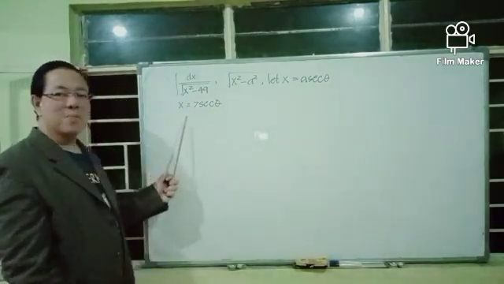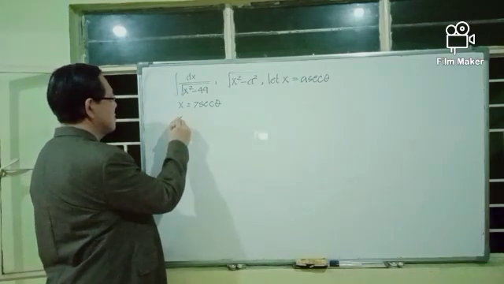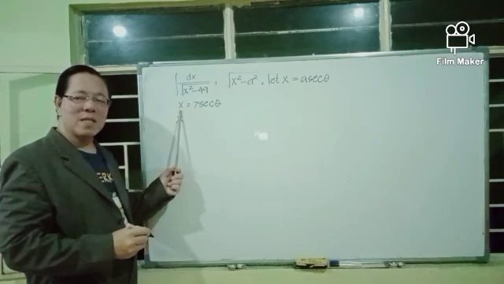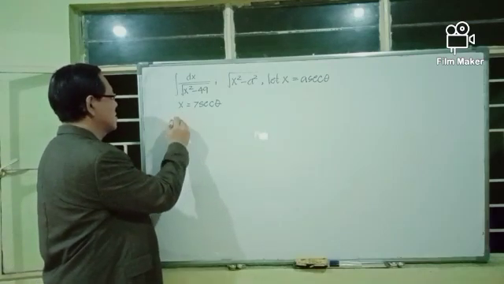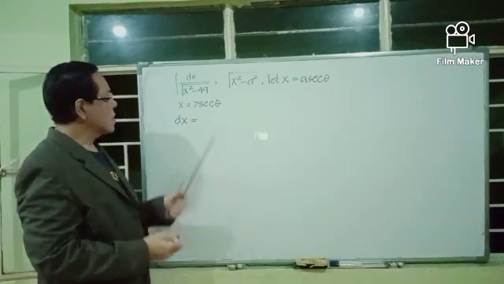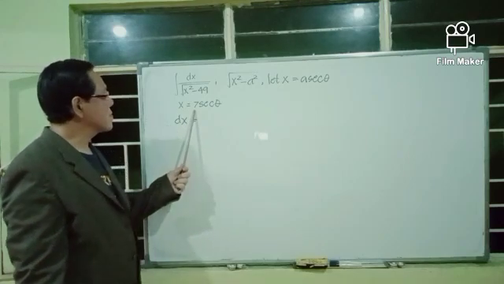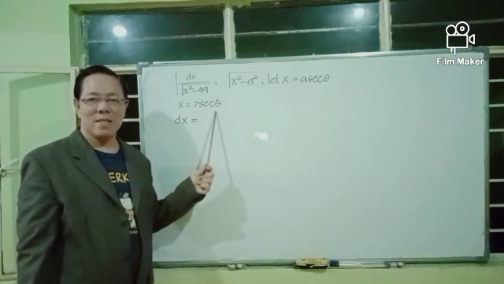And differentiating both sides, derivative of x is 1 multiplied by dx is dx. And derivative of 7 secant theta is equal to 7 times derivative of secant theta.